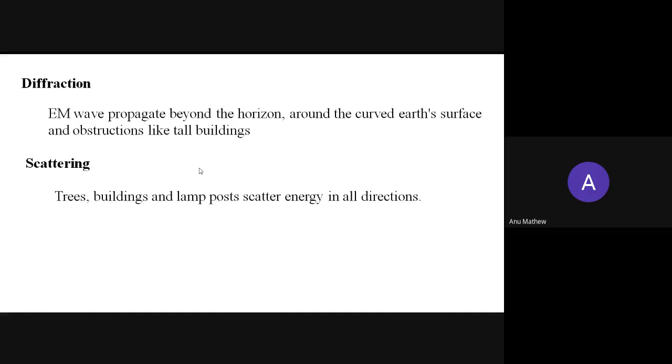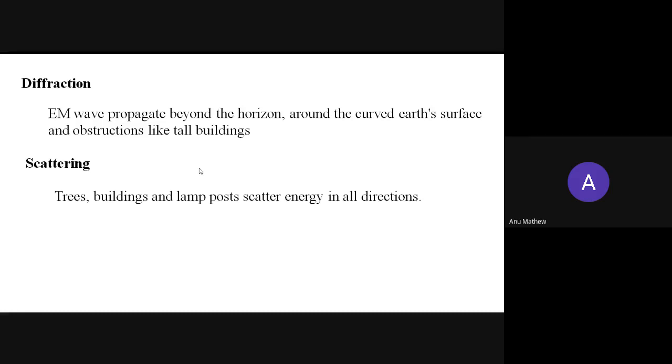So the total radio wave energy received is the sum of all the signals in different directions, because due to these obstructions, trees, buildings, and lampposts, the electromagnetic wave is scattered in different directions.